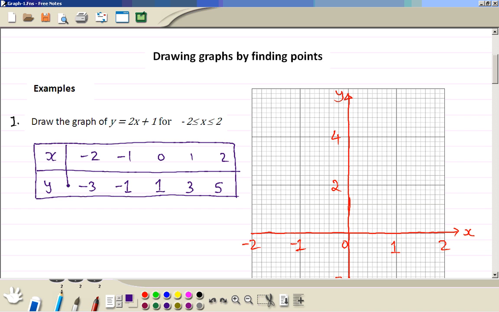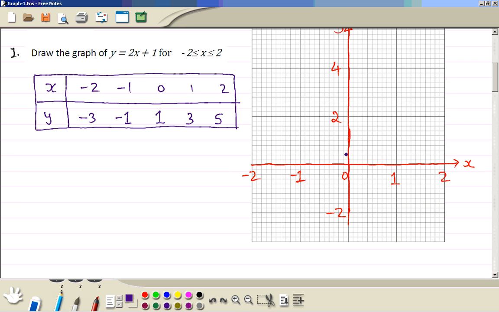Now we're going to plot these points on the graph. We're starting from minus 2, so x is minus 2 and y is minus 3. So this is the point here. Then x is minus 1, y is minus 1.